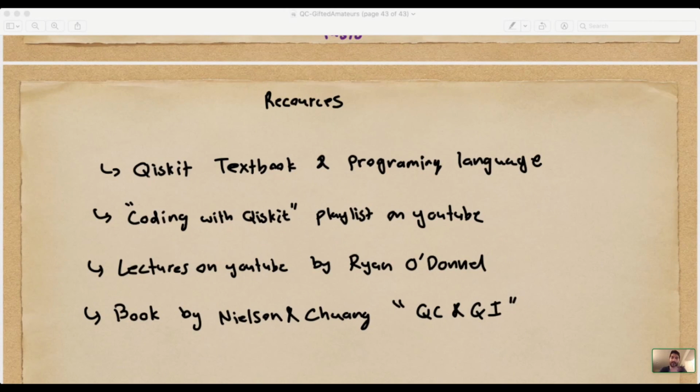You can go and register and get time to use them. You can write, for example, a Qiskit program, and then schedule a time on their cloud to actually run your Qiskit quantum algorithm, your quantum circuit, on their actual quantum computer, and you can do that today, for free. So it's already available.